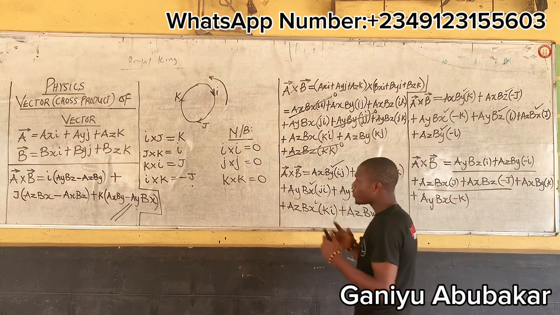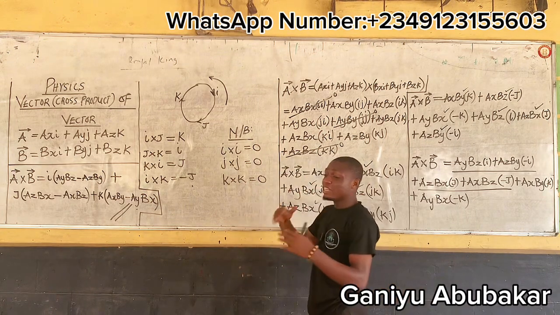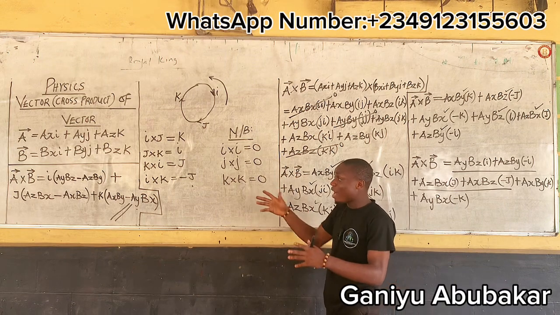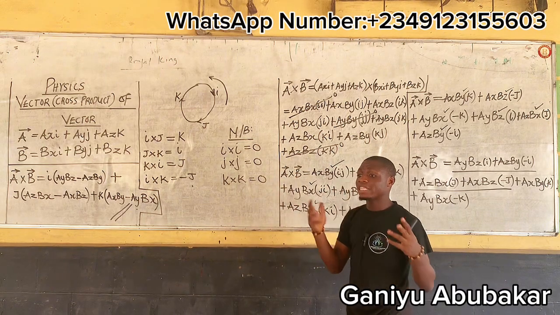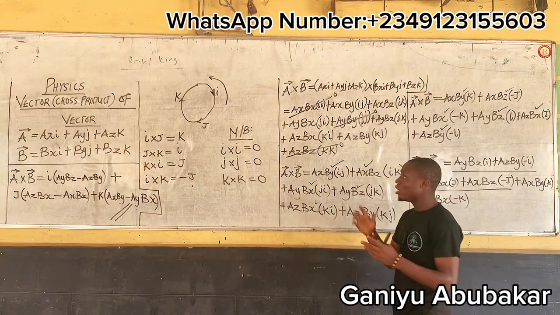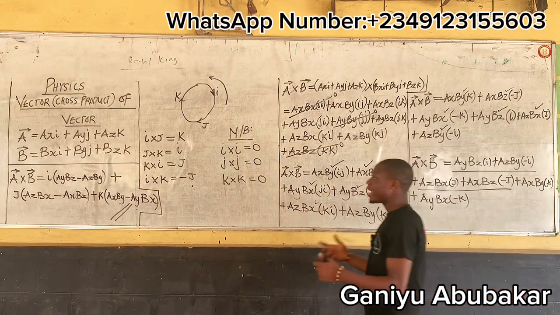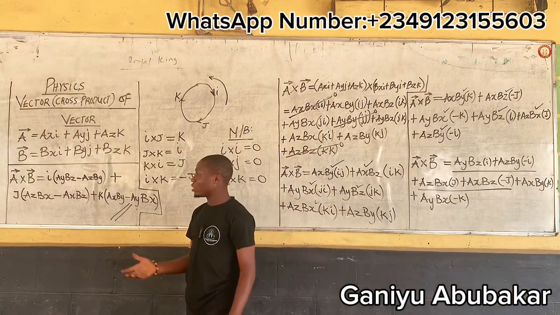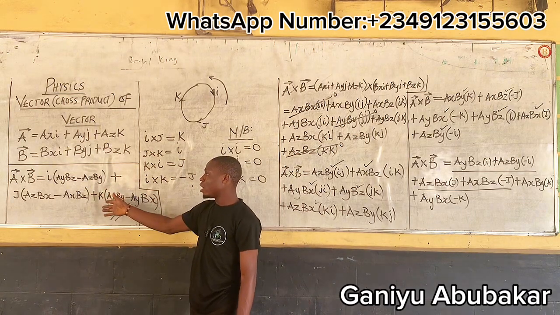By the way, this formula is quite complex, and it is hard and difficult to remember in the exam. So I'll give you a shortcut. We'll be using the determinant concept, a 3 by 3 determinant. So just write this one down and then we'll proceed to the shortcut, because I can't advise you to start using this in the exam. It won't be easy to remember this formula, and you might mess it up.